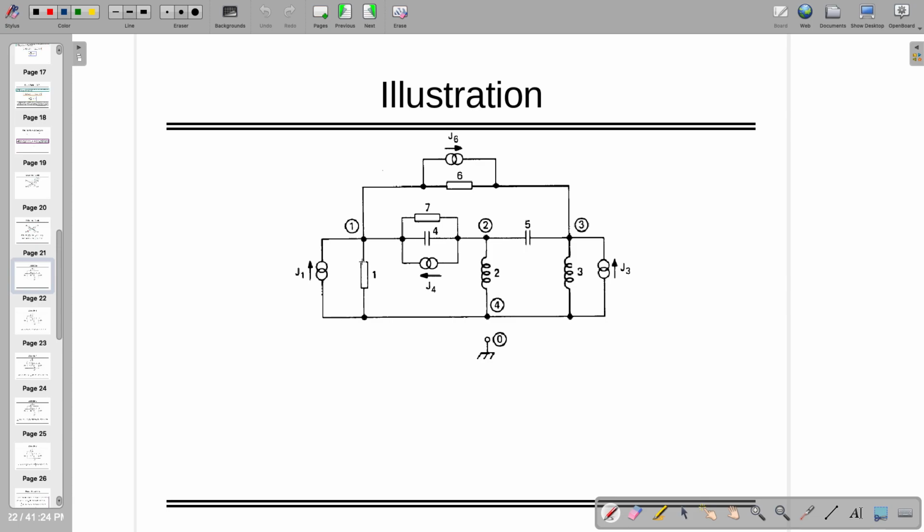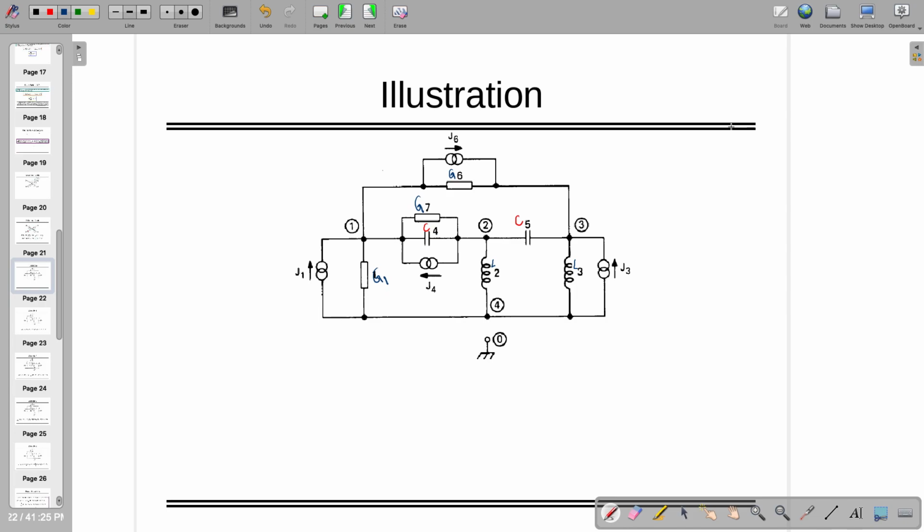If you agree with this, now look at this circuit. All the boxes are actually transconductances, you can call them G1, G7, G6. You can call the capacitors C4, C5, and the inductors L3, L2, right?